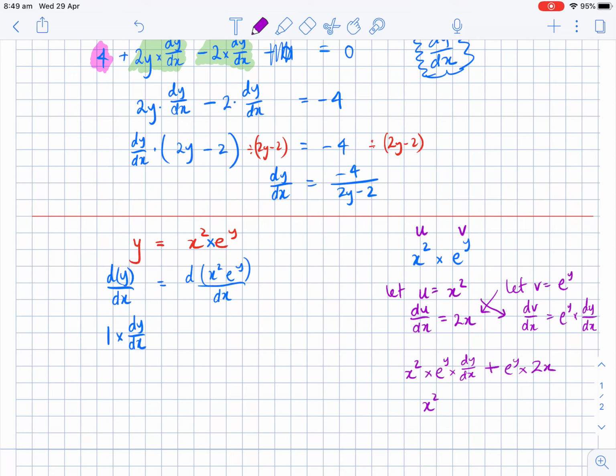A little bit of tidying up. We don't need all those times signs. I can just write it as x squared e to the y dy dx plus e to the y 2x.